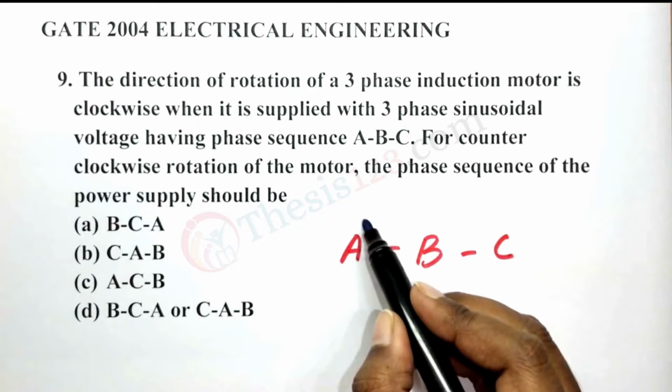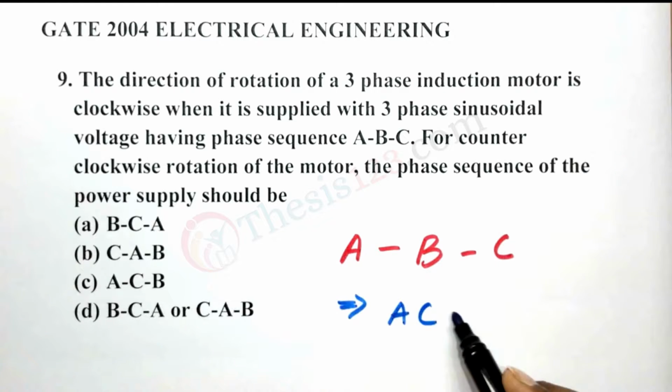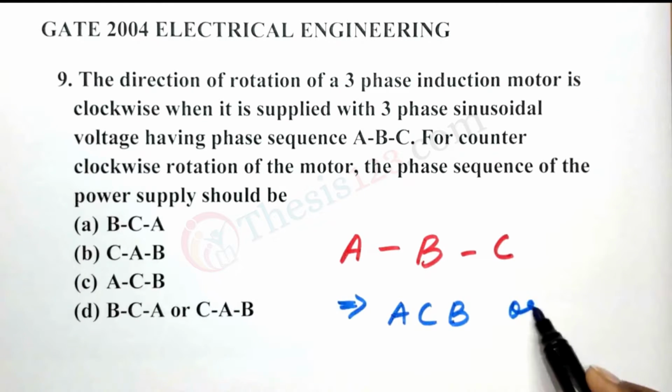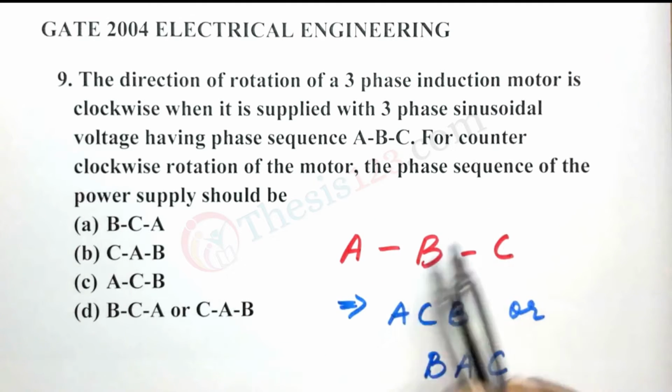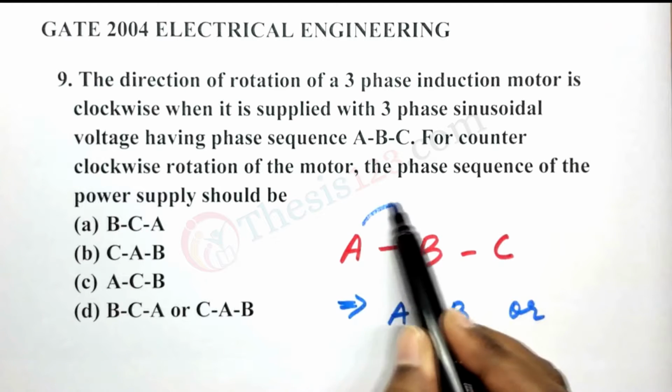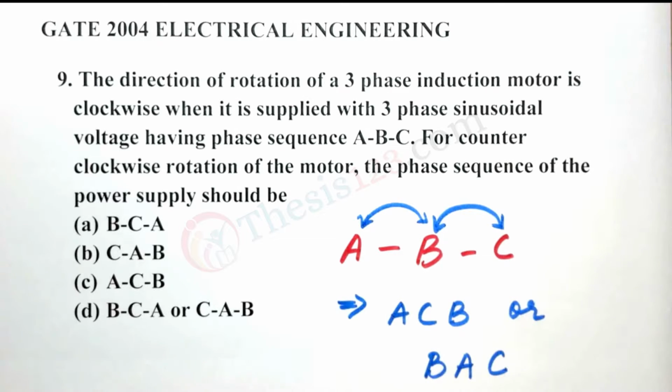In this case, it can be either ACB or, let's see, BAC. So it can be any one of these two. What we have done is either interchange these two or interchange these two. Any two can be interchanged, so it can either be ACB or BAC. In the options given to us, only one matches. ACB matches, so ACB is the right answer here.